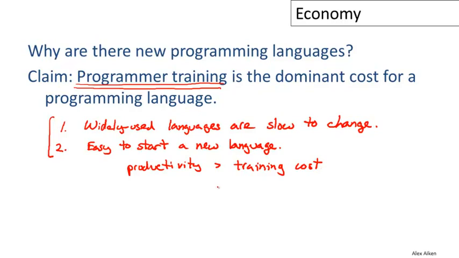Okay, and so when is this likely to happen? Well, putting this all together, languages are most likely to be adopted to fill a void. Again, this is a prediction that follows from the fact that programmer training is the main cost.